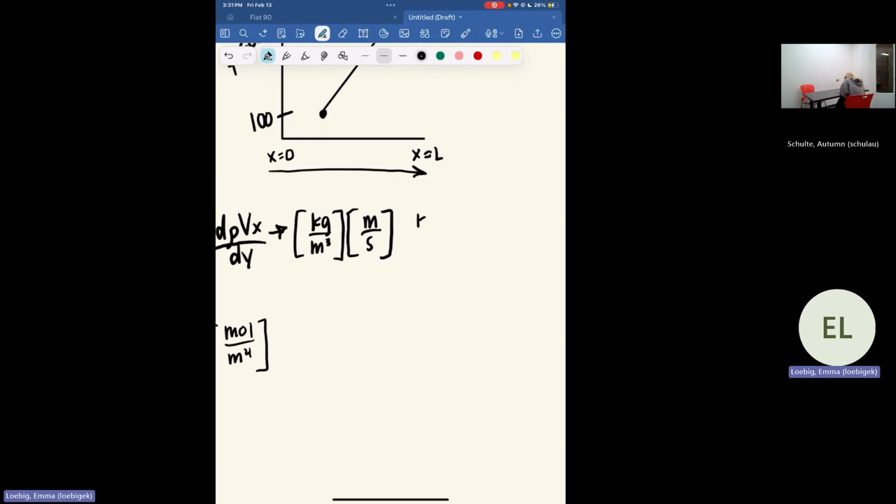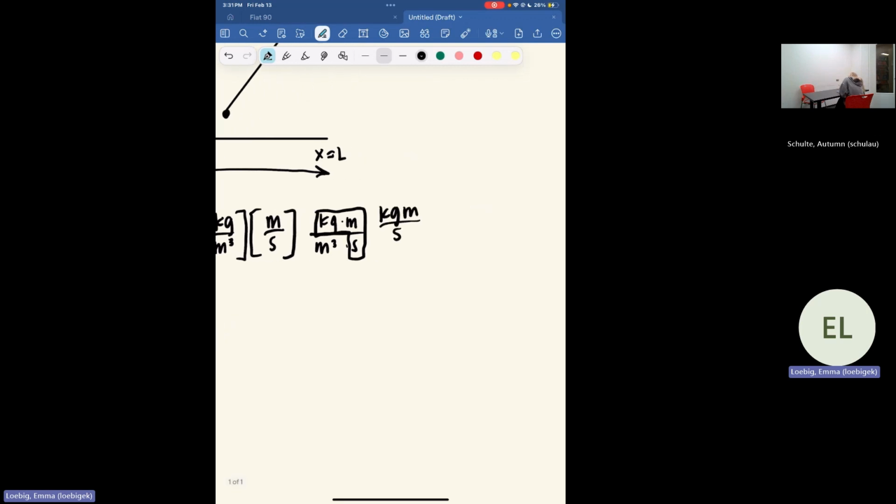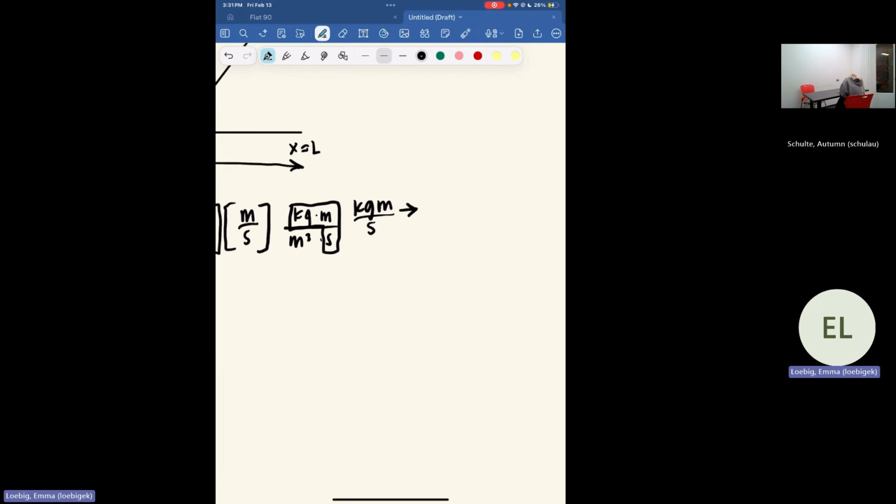Multiplying this, we are going to get kilogram meter per meter cubed second. Kilogram meter per second is known as the units of momentum.